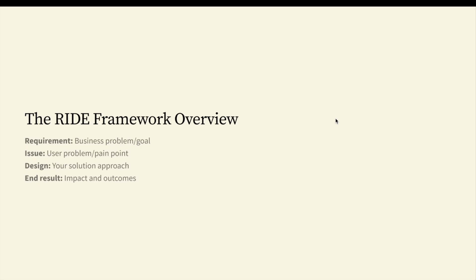RIDE covers the requirement, issue, design, and end result. Requirement, in the sense, could be the business context or the project goals. That will come first. After that will be the issue: what kind of problem is the user facing?